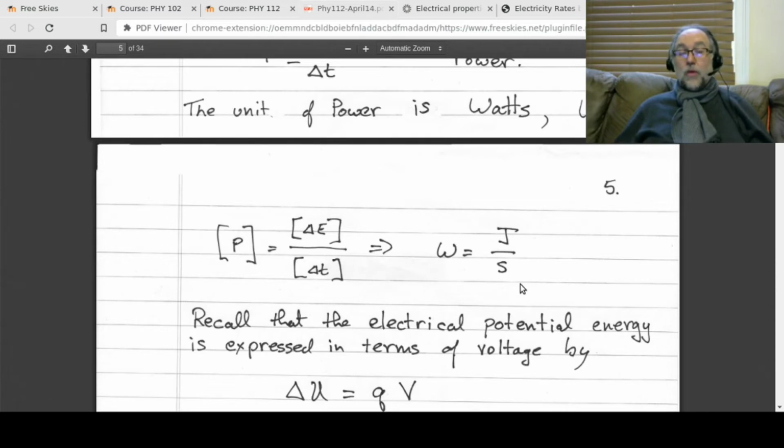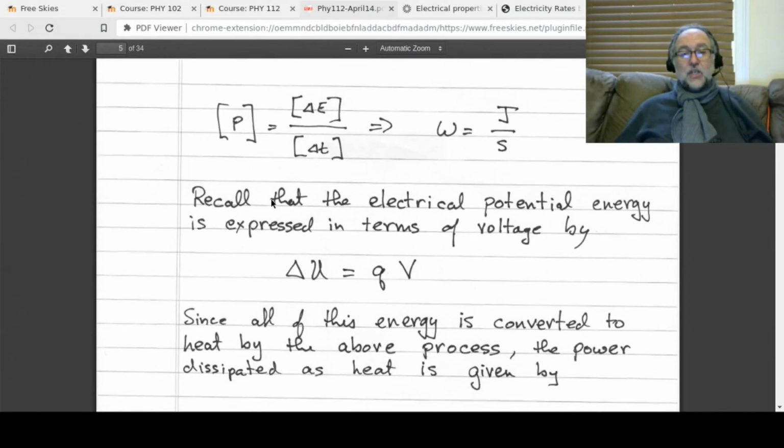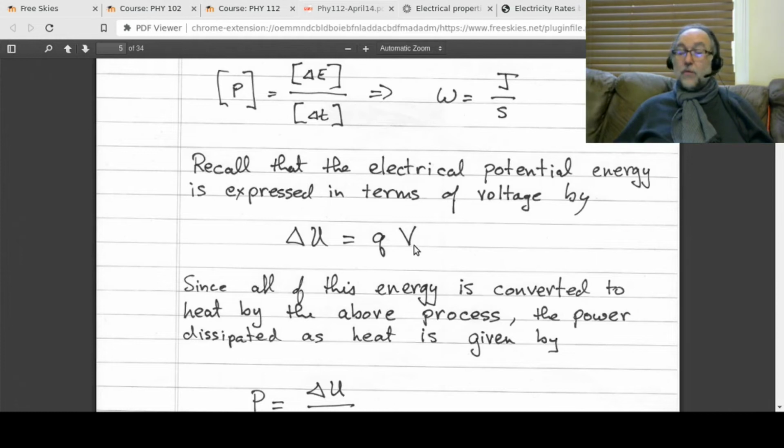Now we can actually work out the Joule heating directly from the theory that we developed last time, because there's a relationship between your potential and how much energy is delivered. So this delta U, basically that's your change in potential energy from, say, one plate to the other, or in the circuit from one point to another point in the circuit.